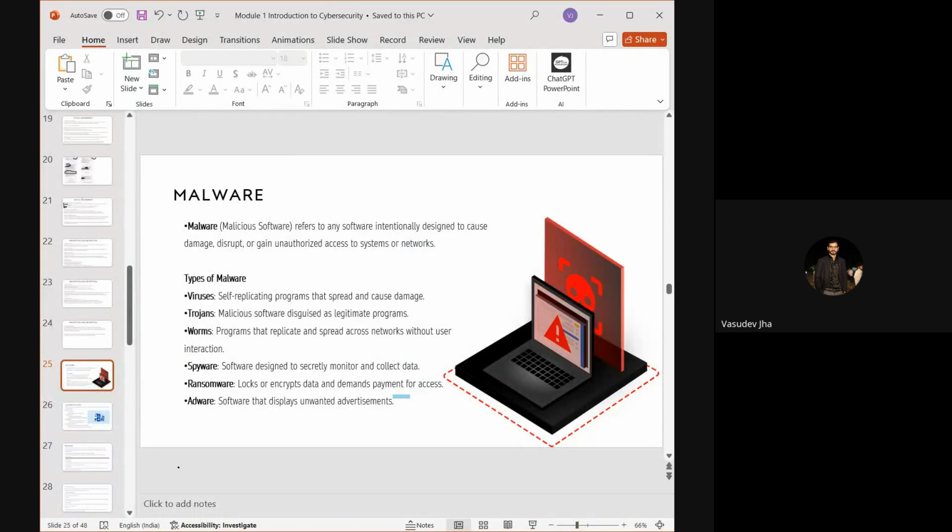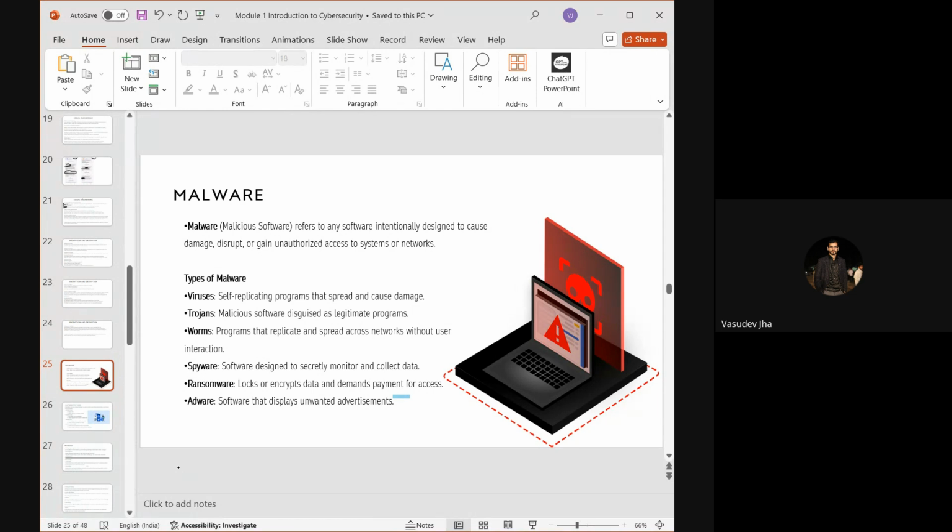Now, how can malware come to your device? Sometimes it's because we are inserting random devices into our system. That is one path. Then drive-by download: we are downloading some stuff from unauthorized websites.